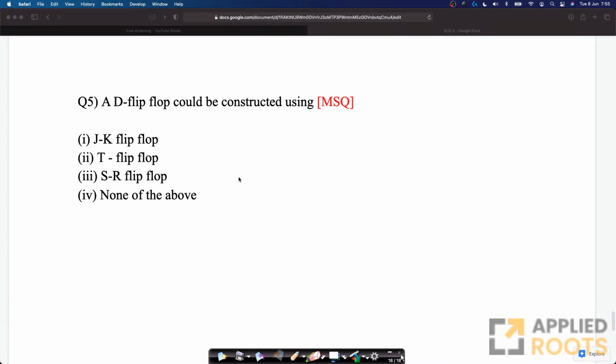Roshan, for the 4th option above, just plug in the values, it will not fit in. Just check that. Again, this is an easy MSQ. This could be like a 1-mark MSQ.